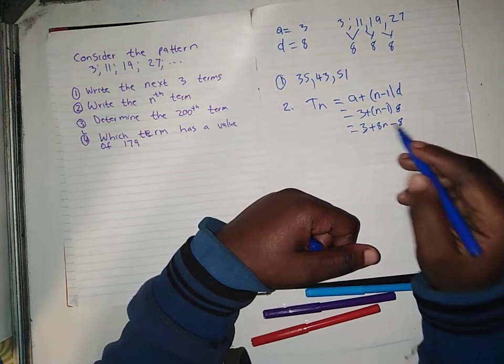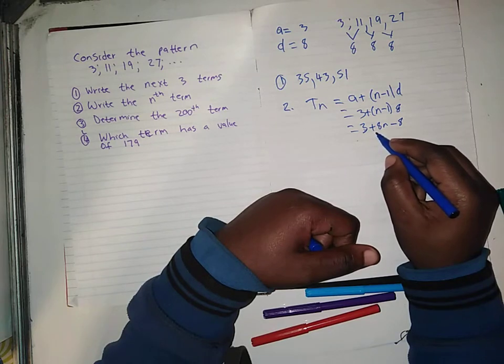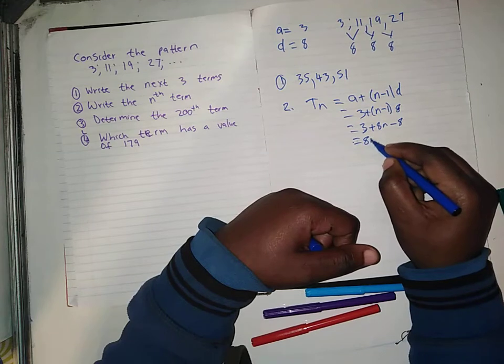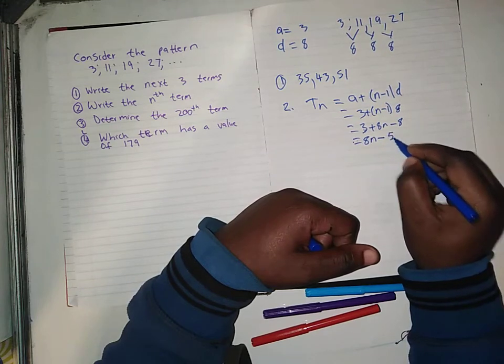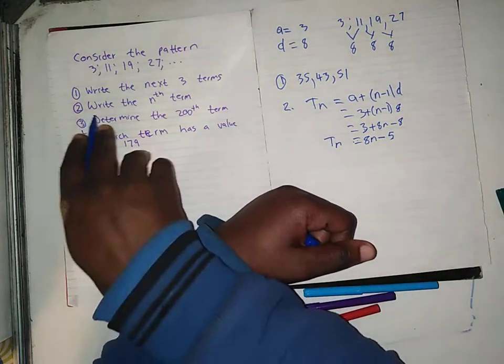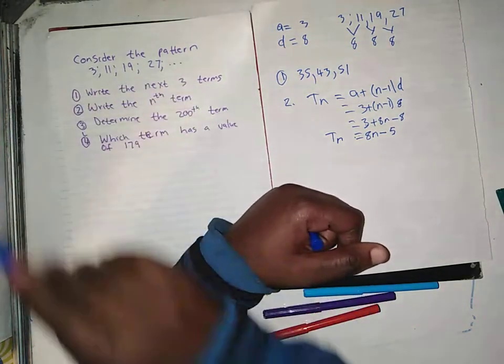So 3 minus 8 is minus 5. So we're going to have Tn equals 8n minus 5. Okay, question number 2 is done. We've got the nth term, which is an equation that generates all the terms of this sequence.